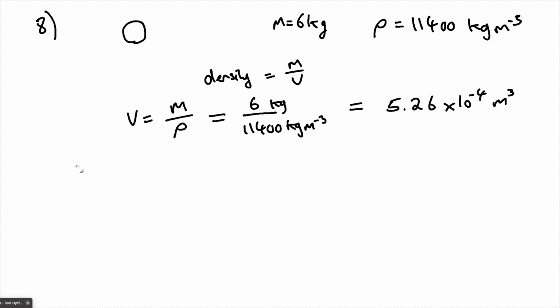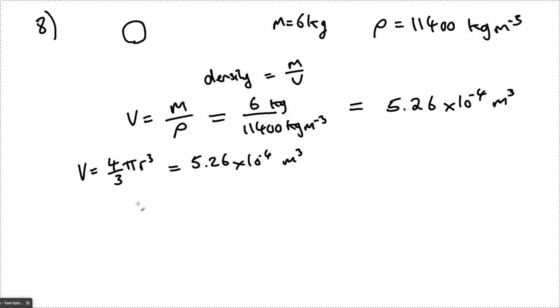But we know that if it's a spherical object, the volume of a sphere, which again is on the bottom of your datasheet, first page, bottom right, is given by 4/3 pi r cubed. So we can set that equal to 5.26 times 10 to the minus 4 meters cubed.